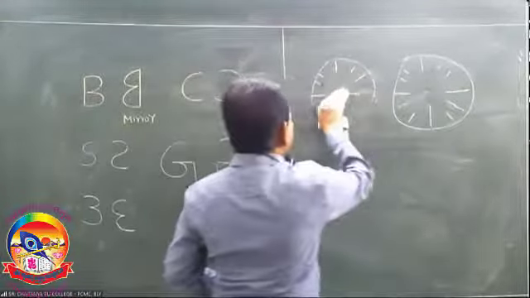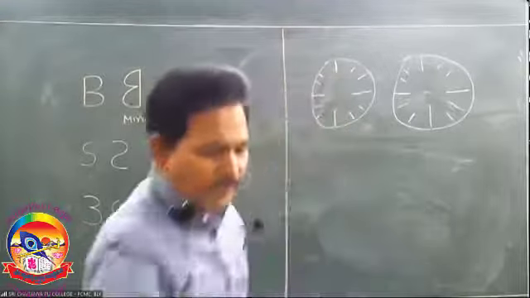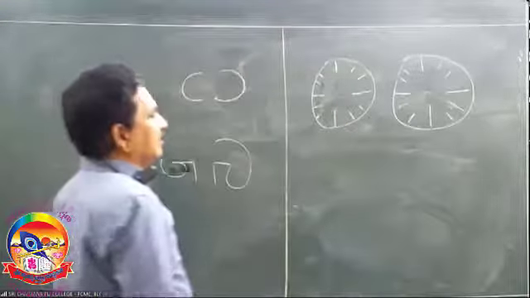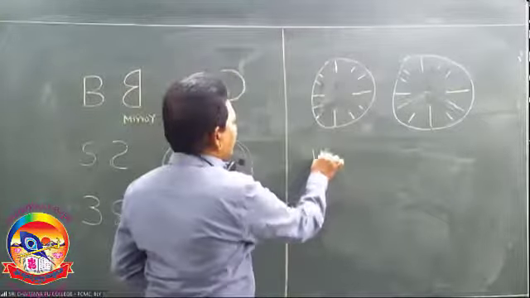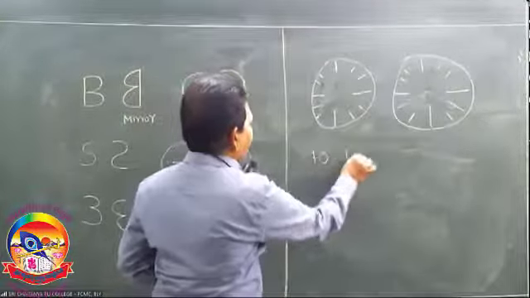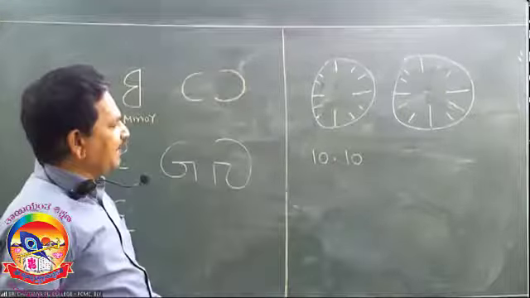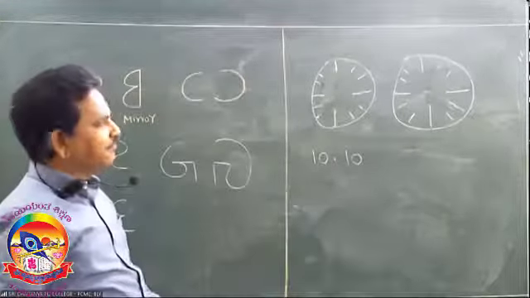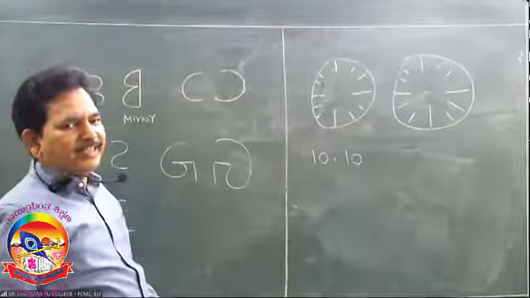One more example of the time seen in the clock and in the mirror, so that there is no confusion. Let us imagine the time is 10:10. What will be the same time if you observe it in the mirror?